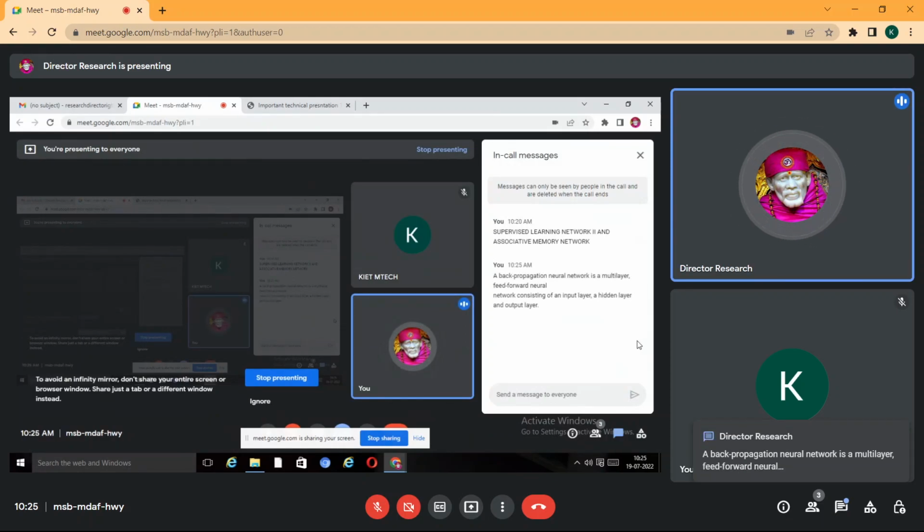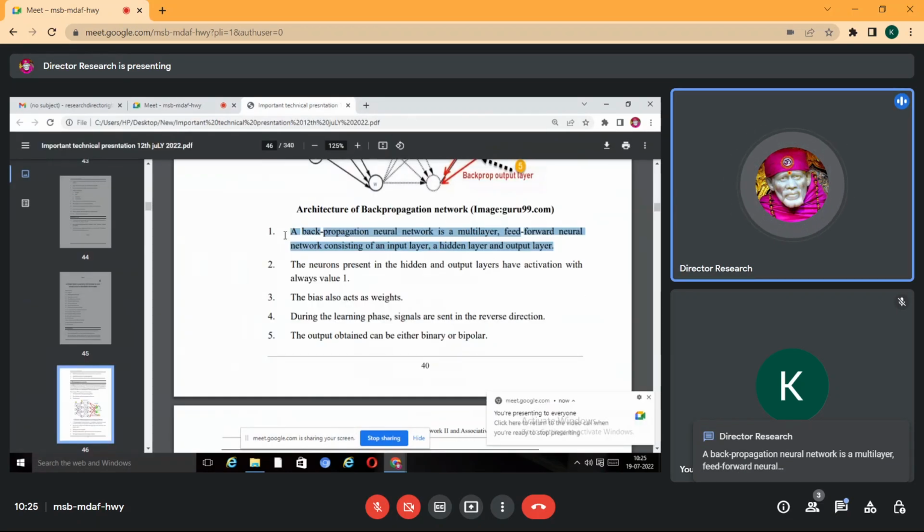A backpropagation neural network is a multi-layer feed-forward neural network consisting of an input layer, a hidden layer, and an output layer.